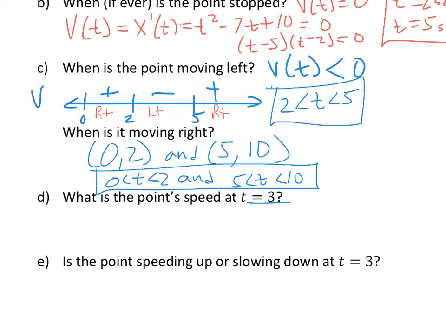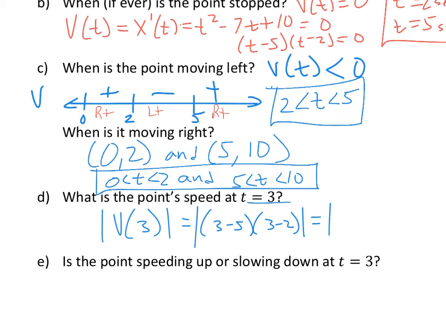Okay, point speed at t equals 3. Well, that's the absolute value of v of 3. And v of 3, we can use our velocity function, either the factored version or the non-factored version. I'll use the factored there. So the absolute value of 3 minus 5 times 3 minus 2. And that's going to be the absolute value of negative 2 times 1, which is the absolute value of negative 2, which is 2.